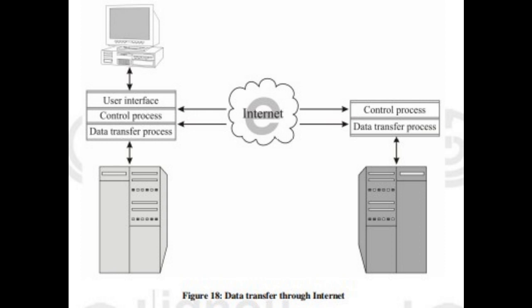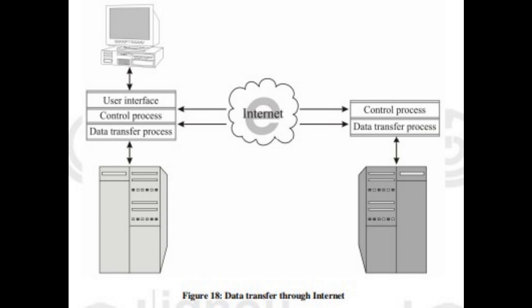The structure of the data file can be transferred by FTP by interpreting its structure in the following ways. Byte-oriented structure: the file can be transferred as a continuous stream of data, wherein no structure is assumed. Record-oriented structure: the file is divided into records, and the records are transferred one by one.